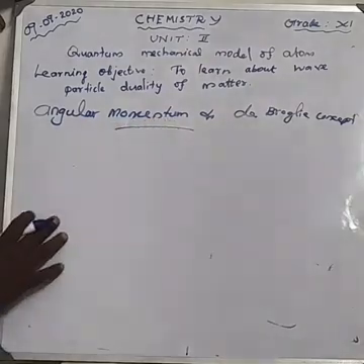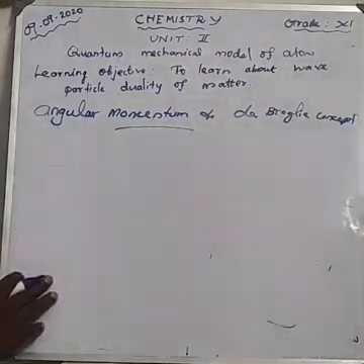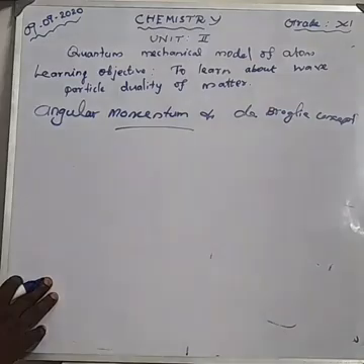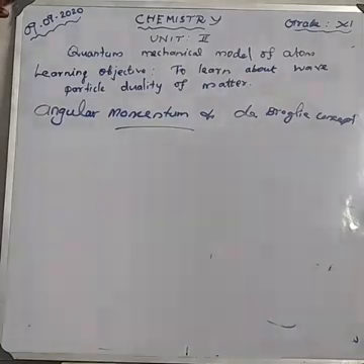This is the next subheading. According to the de Broglie concept, the electrons revolving around the nucleus exhibit both particle and wave character. Clear? They have both wave character and also particle character.